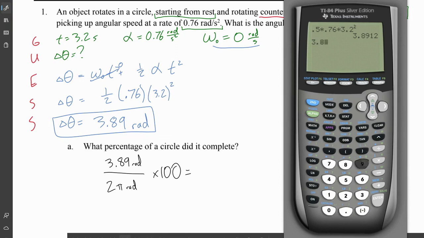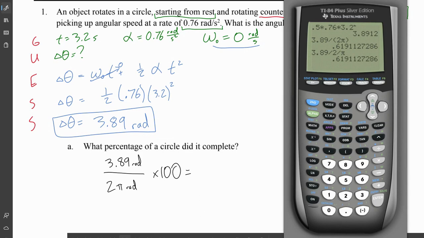Remember when you plug into your calculator, if you do out of 2 pi, what it's really doing is divided by 2 times pi. So you can either do 2 pi in parentheses on the bottom, or you can do 3.89 divided by 2 divided by pi equals. That's my preferred method.